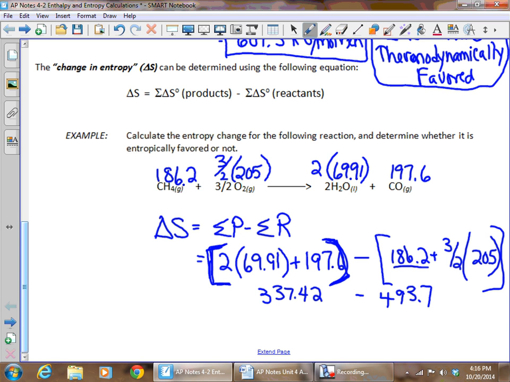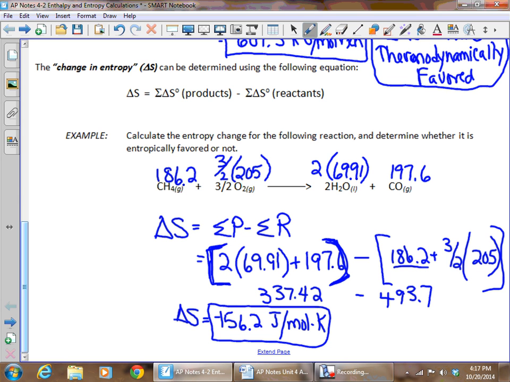So when I subtract these off, I end up with a change in entropy of negative 156.2. Remember, the units for this are different, joules per mole Kelvin. Now, what does that mean for entropy when we have a negative value?